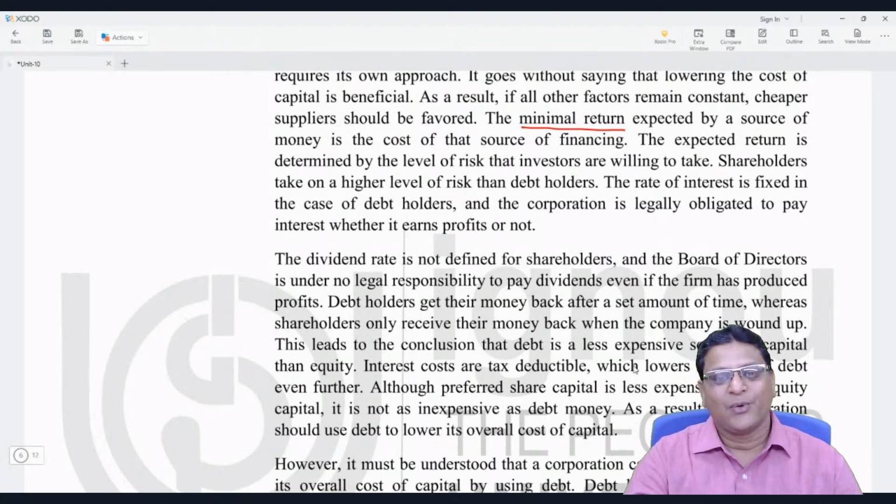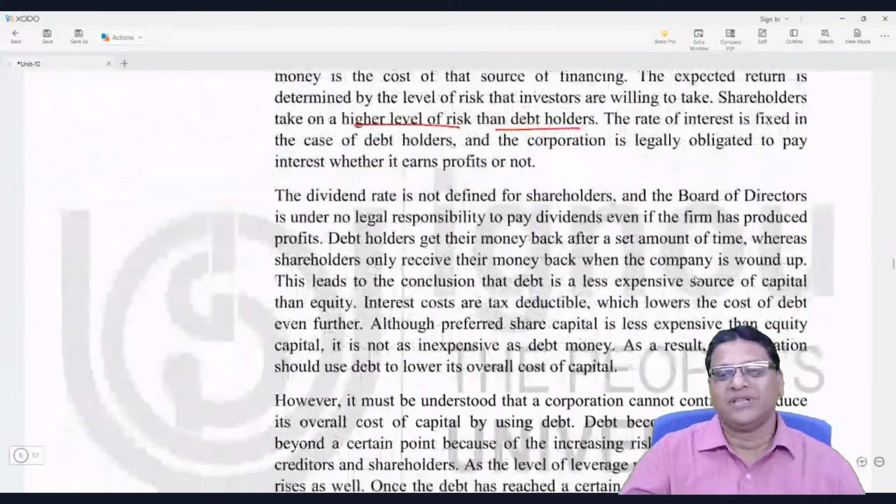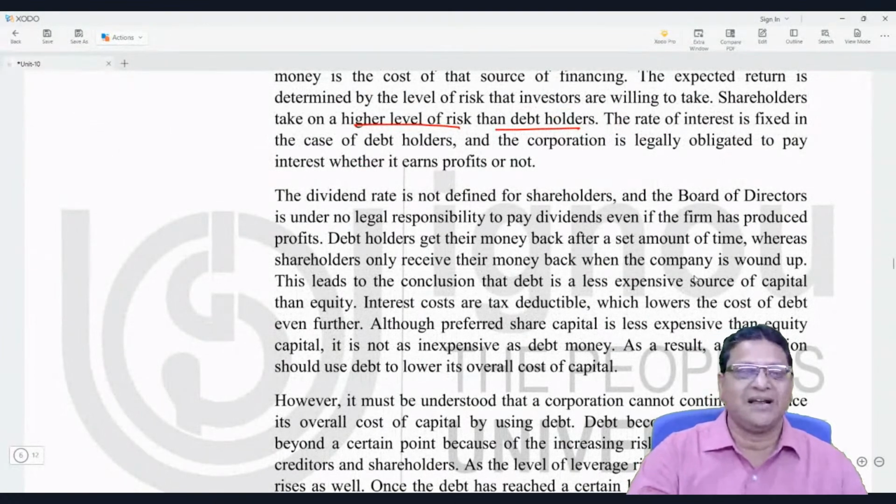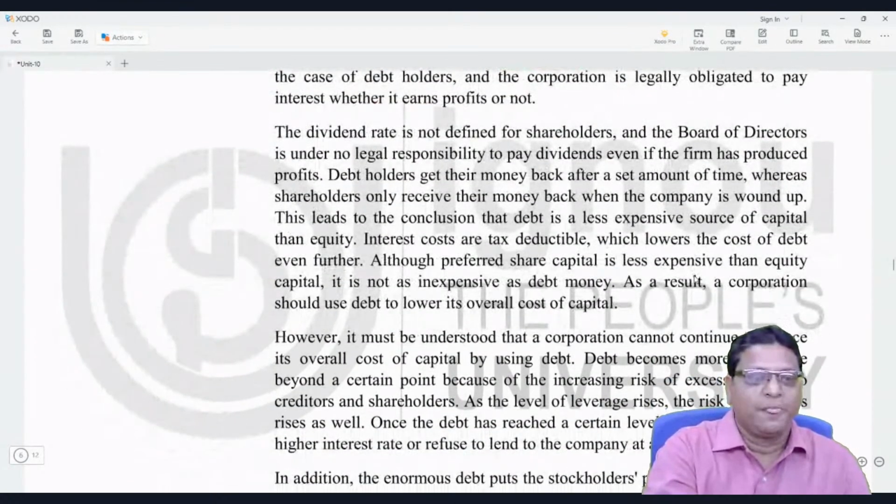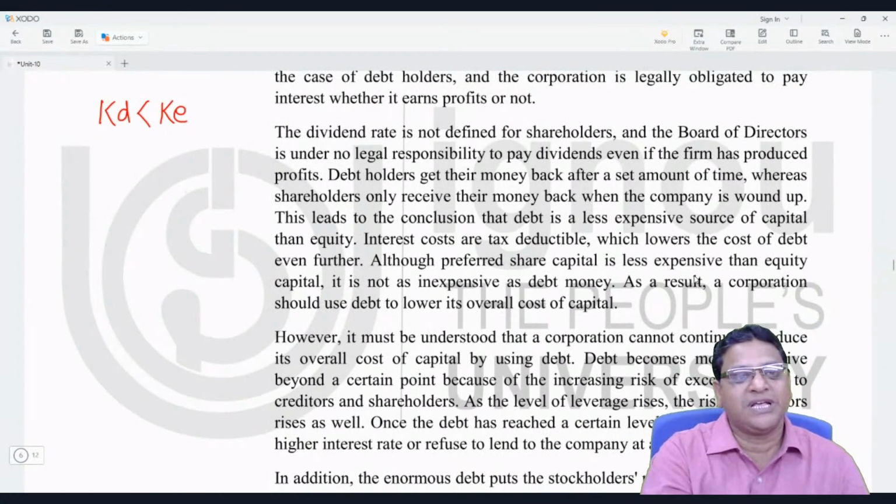We know that cost of debt is less than cost of equity because equity shareholders take higher level of risk than debt holders. Hence, they expect more than the debt holders. Hence, the cost of debt is less than cost of equity. We know KD is less than KE because of two things.